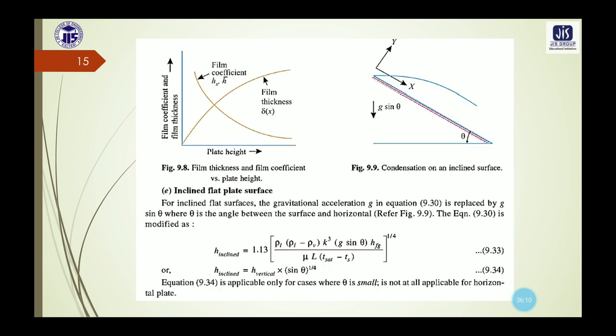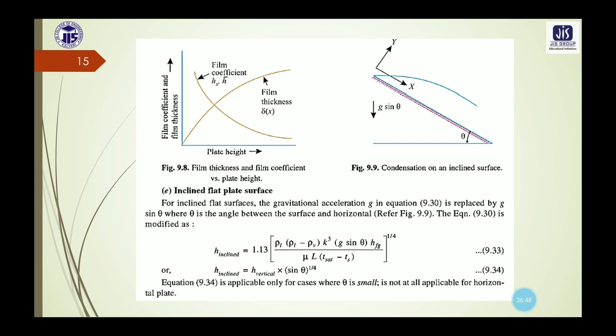The film thickness increases with the increase of plate height, as you can see from this diagram. The heat transfer rate decreases with the increase of plate height, since thermal resistance increases with the film thickness.